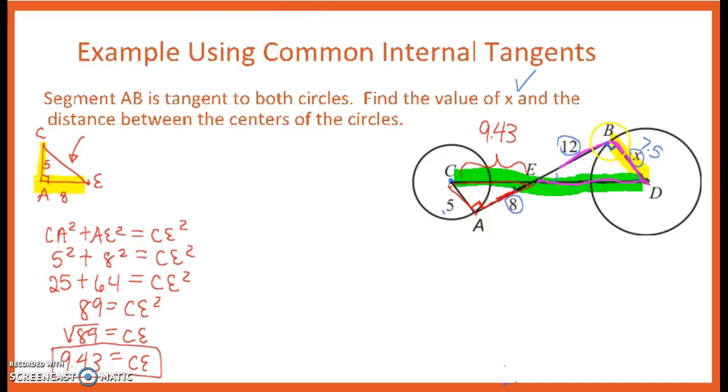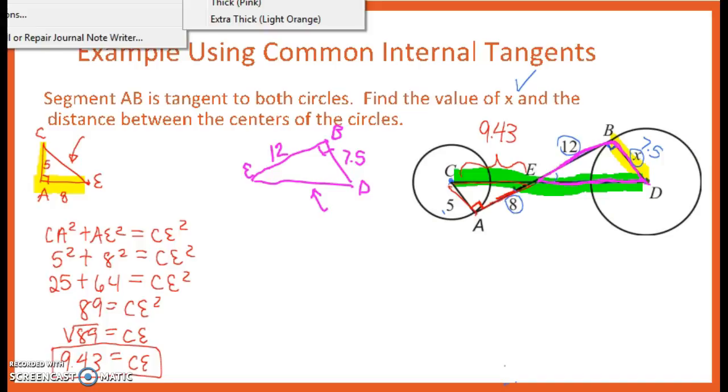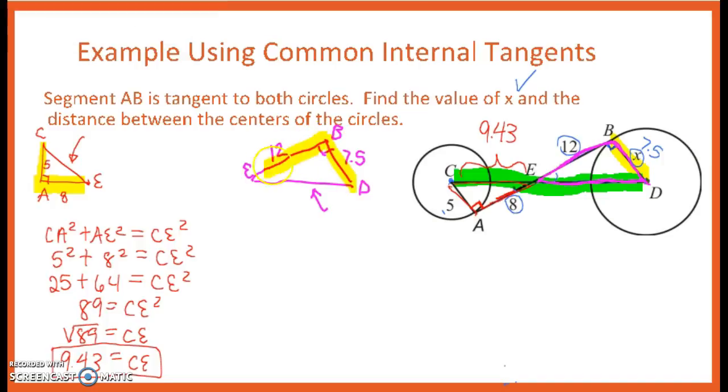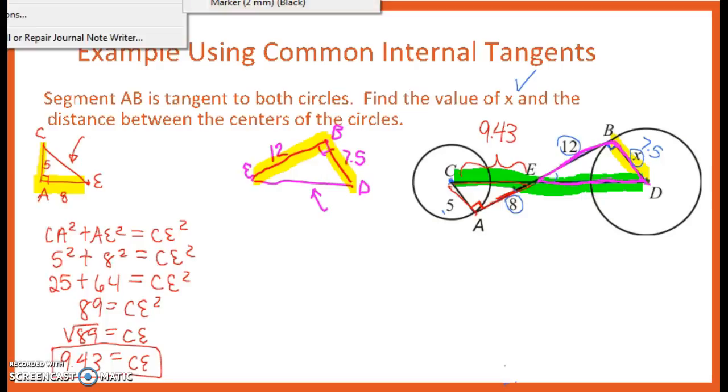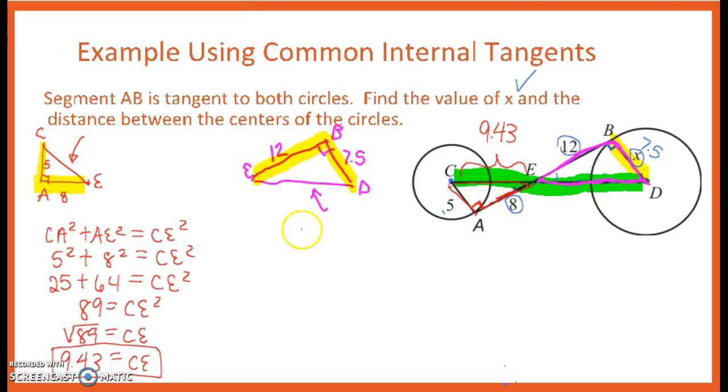Over here to solve for ED. So if I just sketch this out, I have B, E, D. BD is 7.5, BE is 12, and I want to find this length here. So my legs are BD and EB. So that's going to be A squared and B squared.